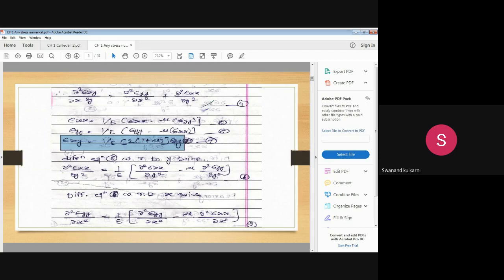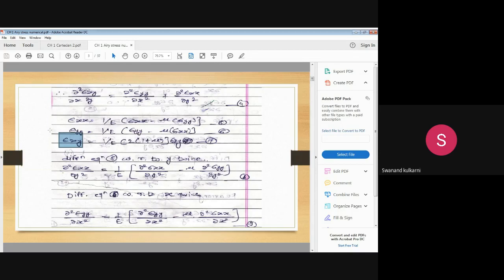Here G is equal to E upon 2 into bracket 1 plus mu. So if we transfer the shear stress upon shear strain in that form, then the stress upon strain will be considered to be G, that is the shear modulus.